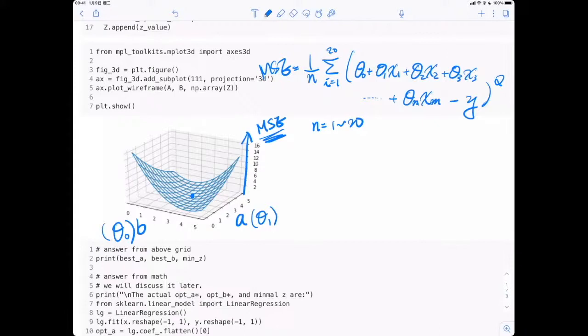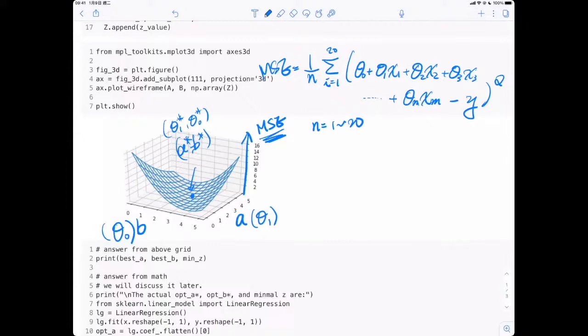So there's always a best A star, B star, or theta 0 star, theta 1 star if you use this notation. This lowest point represents the combination of A star and B star, the best model as measured by MSE value. So there is always a mesh right here.